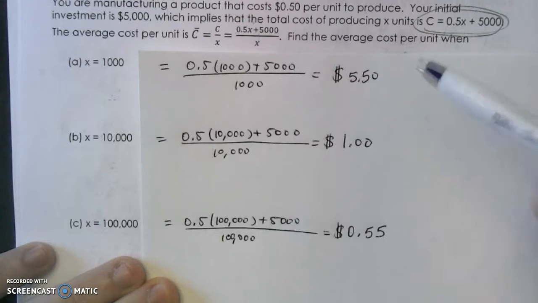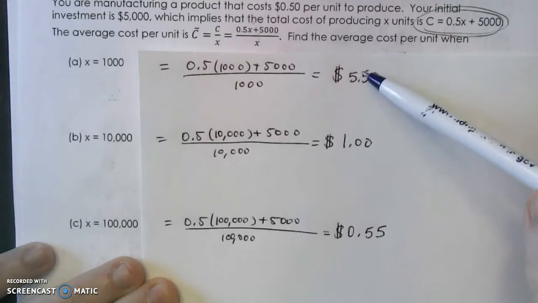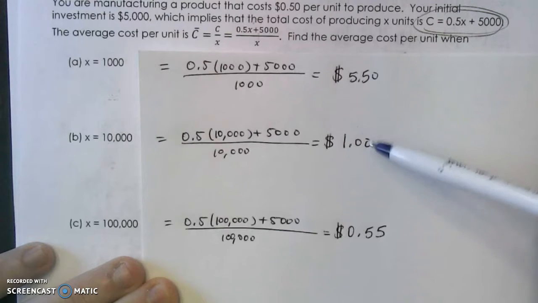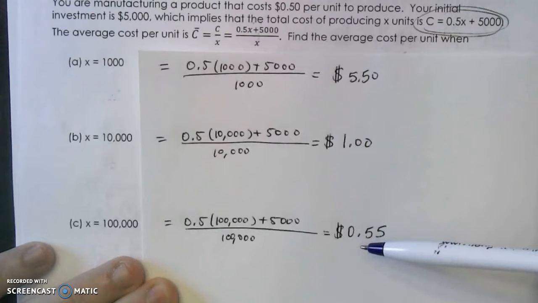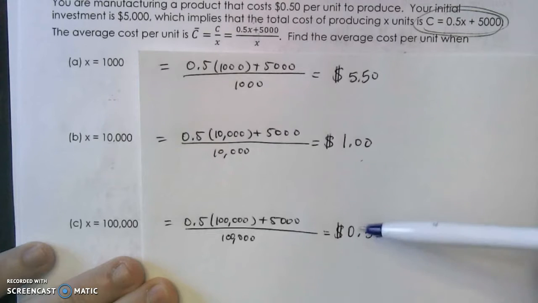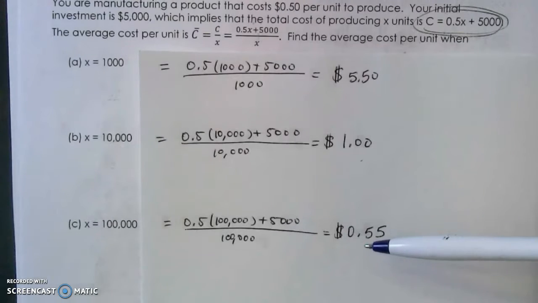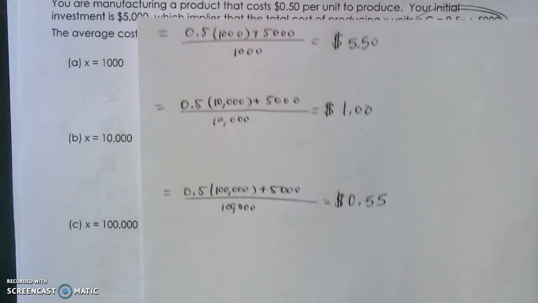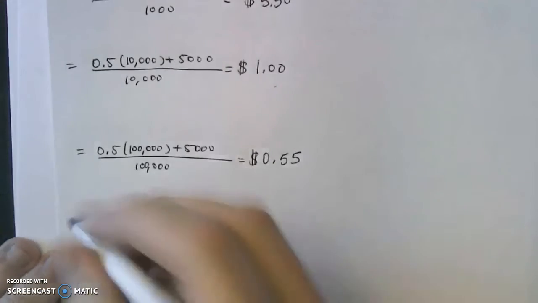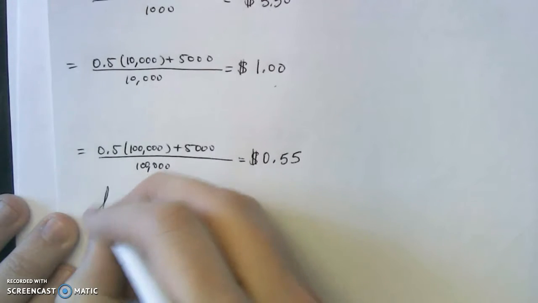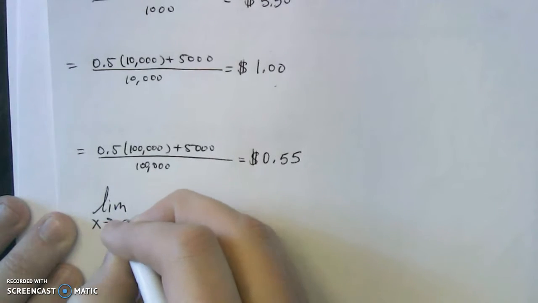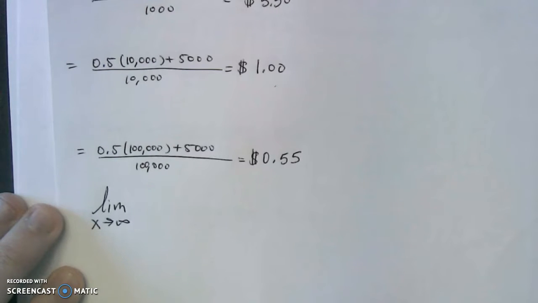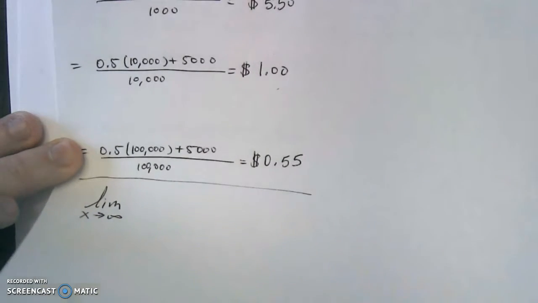But here the average cost jumped down really fast, and from here to here, it's not jumping down as fast as it was. So there must be some limit to how far down we can take this average cost. So if we want to know the limit to it, then let's take the number of units, x, to infinity and find out the most true limit to how much we can take down the average cost.